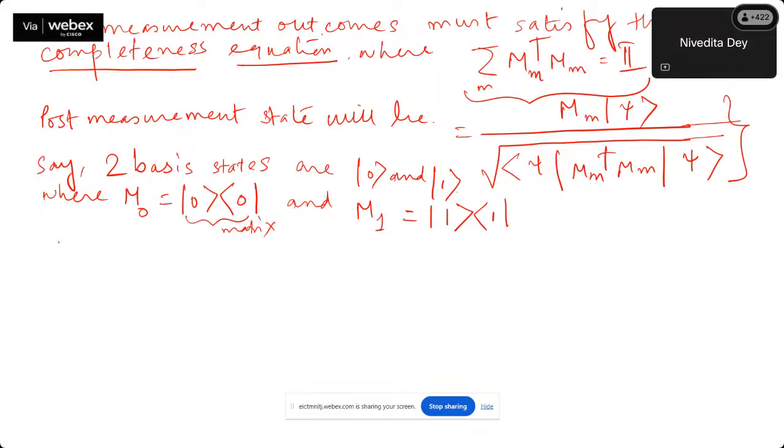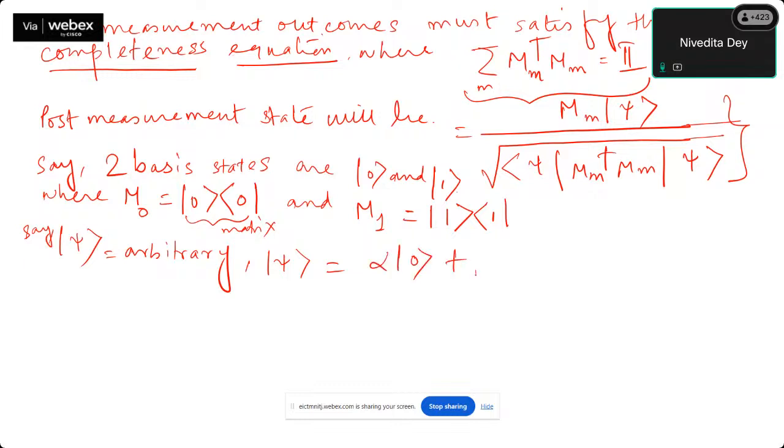And so psi, this is arbitrary, such that say psi is equal to alpha ket 0 plus beta ket 1.